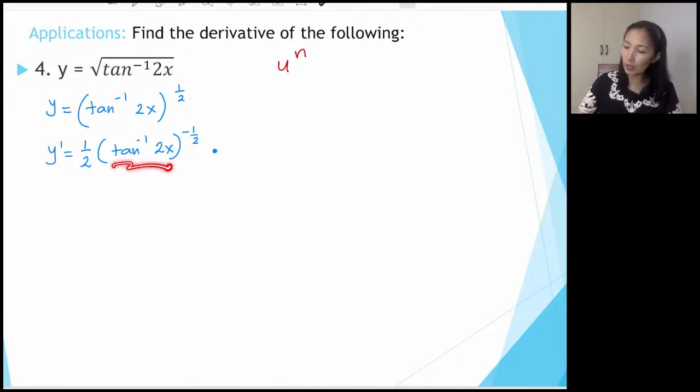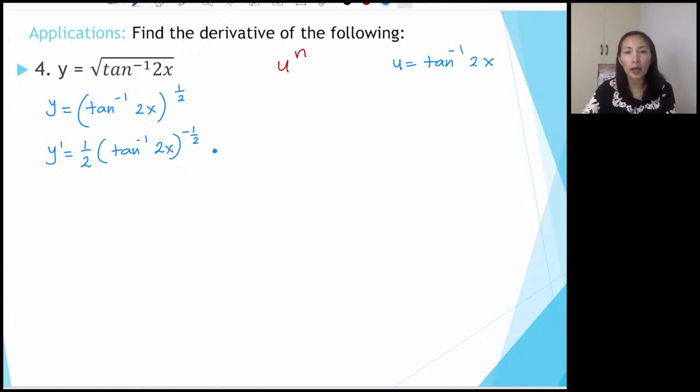Okay, so here your u is arctangent of 2x. But the argument is not simply x, but 2x. Which means by the chain rule, we still have to get derivative of 2x.